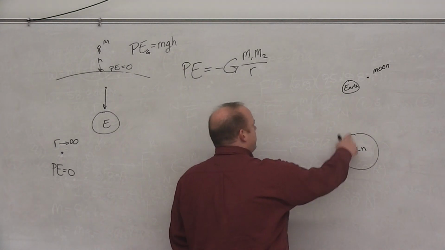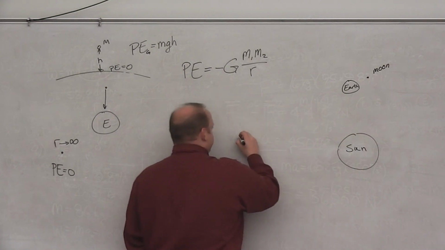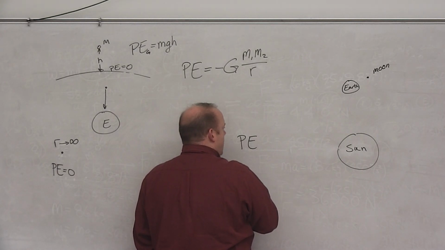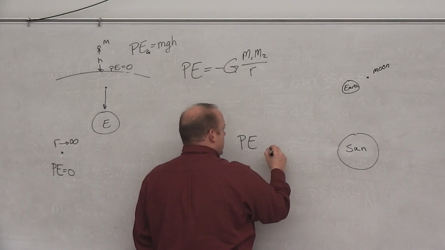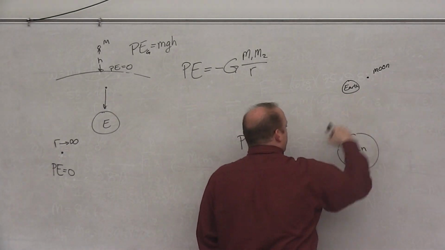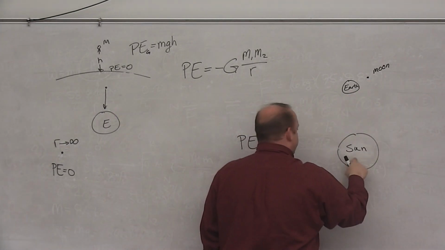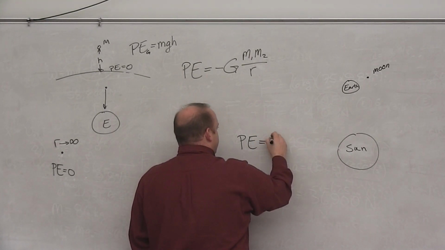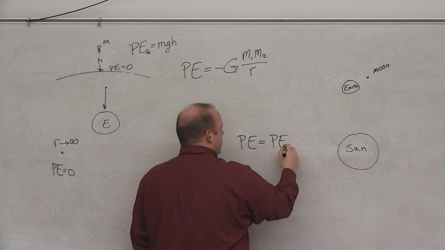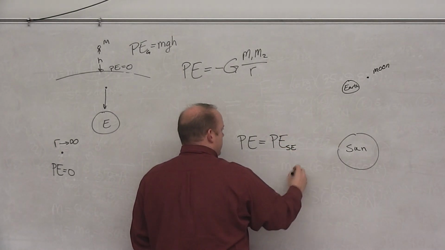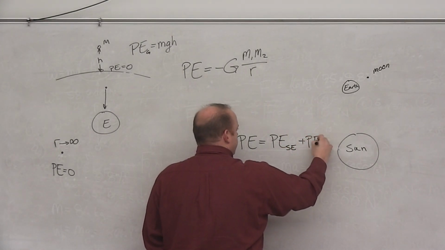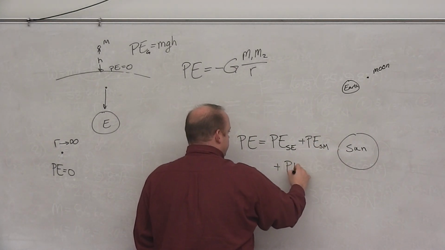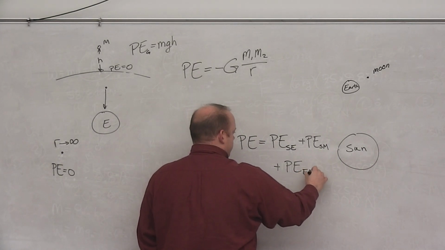So now we've got a potential energy between the Earth and the sun, between the Earth and the moon, and also between the moon and the sun. So the potential energy is going to equal the potential energy between sun and earth, plus the potential energy between sun and moon, called SM, plus the potential energy between earth and moon.